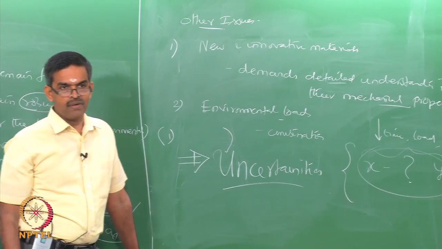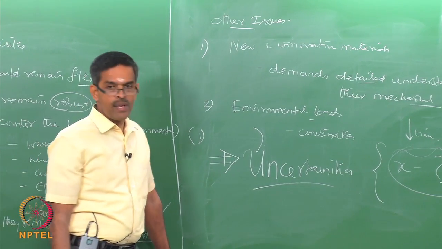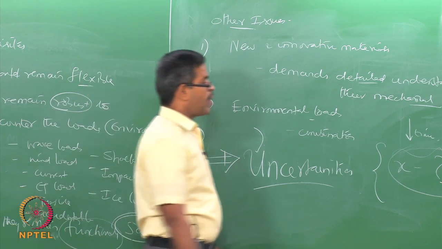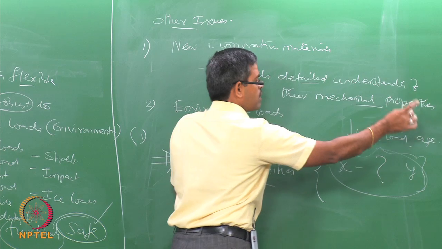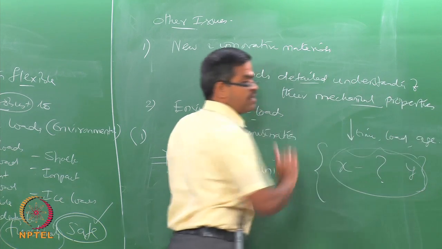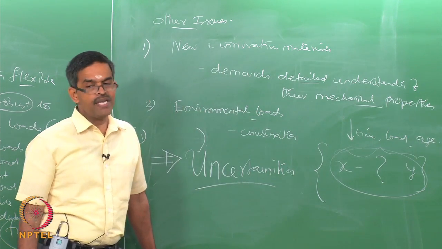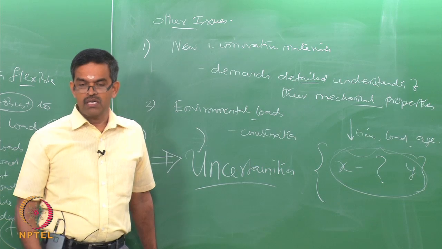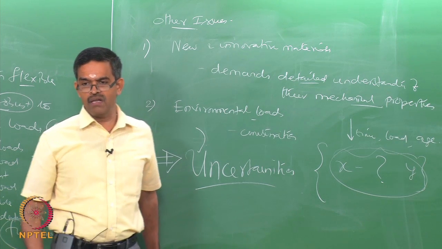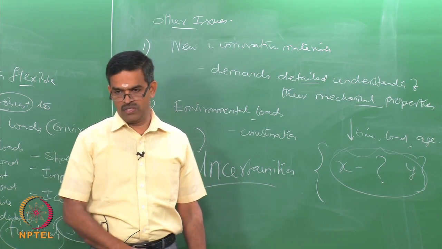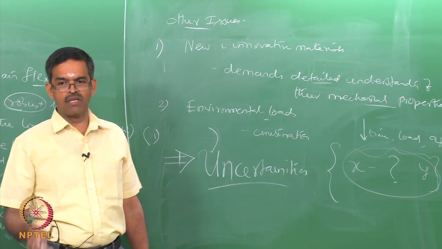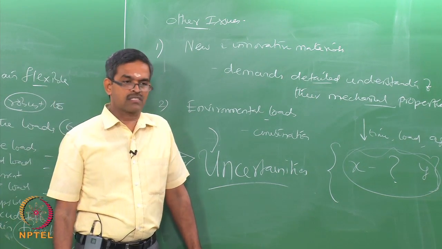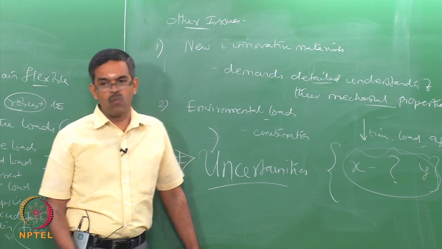Interestingly, ladies and gentlemen, if you do not know very clearly what is the value of the material property or the load magnitude at any specific location, time and age etc., it will be very difficult for you to ensure safety of the member and the material under the given combination of forces. If you are not able to ensure the safety, the material or the member or the structure cannot be called a reliable one.